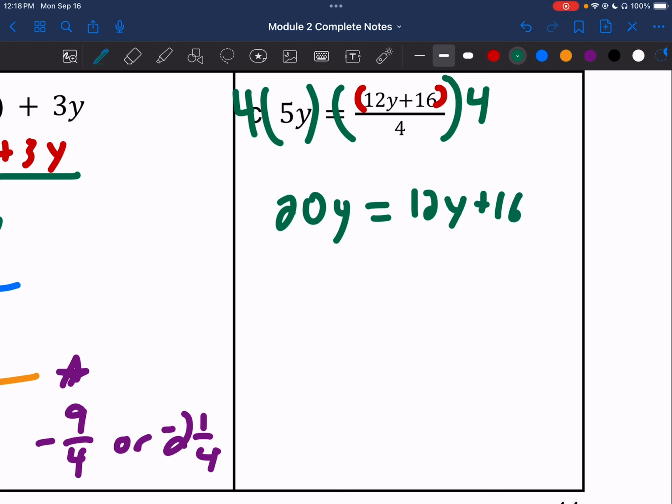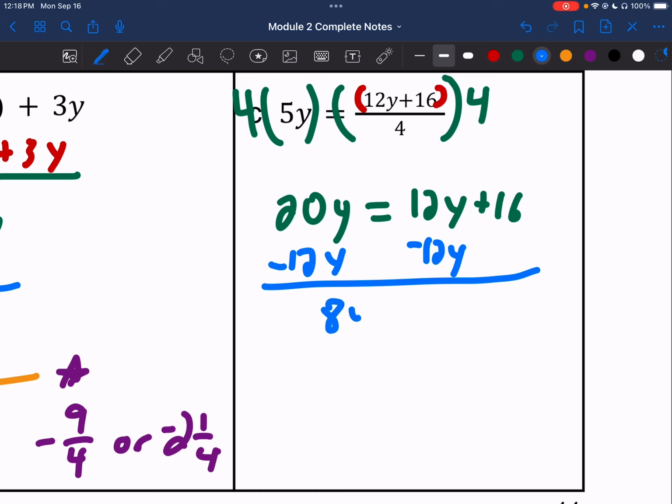My next step is going to be subtracting 12y from both sides. And I get 8y is equal to 16. And then we can go ahead and divide both sides by 8. And I get that y is equal to 2.